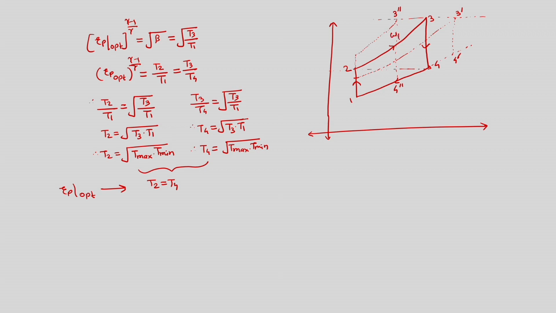So turbine work is here, compressor work is here. So since compressor work is more than turbine work, we will have lower network than the optimum case. So only one case has maximum network output.